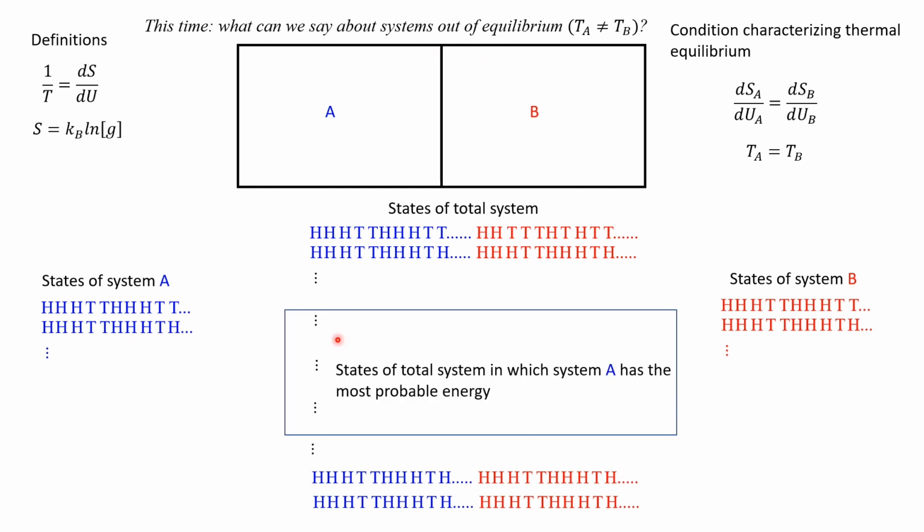Okay, so let's suppose that the demon who made the list of states of the total system collected all states in which system A has the most probable energy within this box.